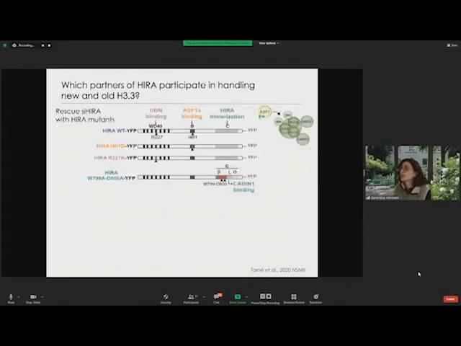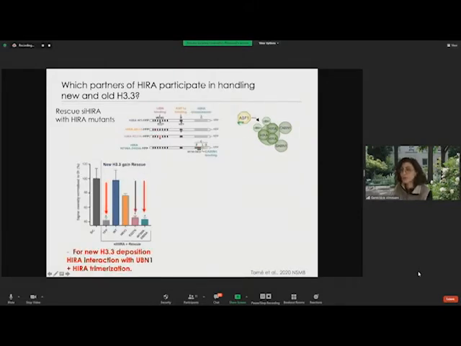So then we went on, and given all the knowledge we had from the structure and the importance of particular amino acids for the interaction with the different partners, we introduced different mutants for rescue: a mutant of HIRA defective in binding to ASF1, or a mutant in the binding to UBN1, or a mutant in the capacity of HIRA to trimerize.